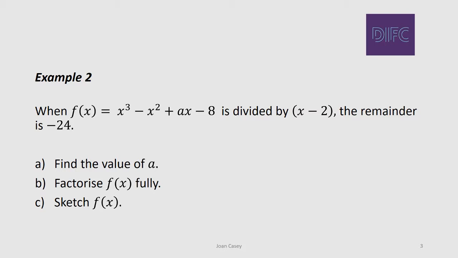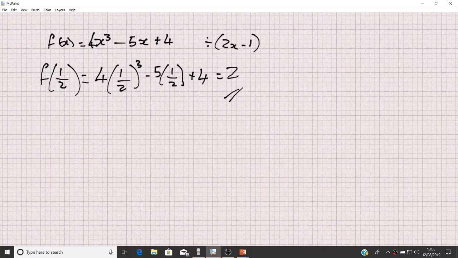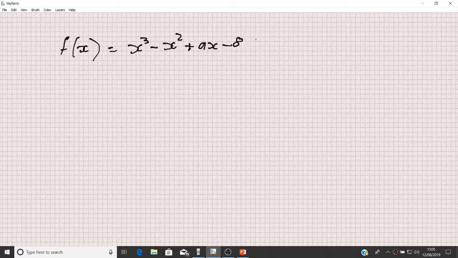Okay, so we'll just make a note of the cubic. f of x equals x cubed minus x squared plus ax minus 8. And we're told that when f of x is divided by x minus 2, well, then the remainder is negative 24.